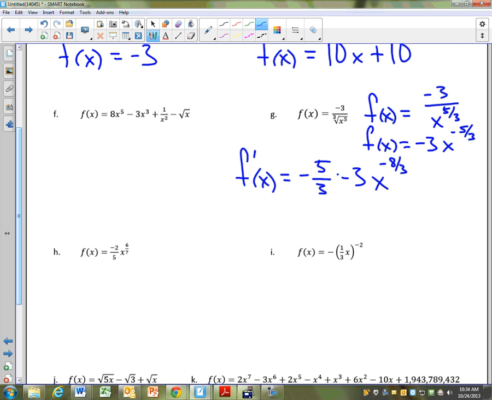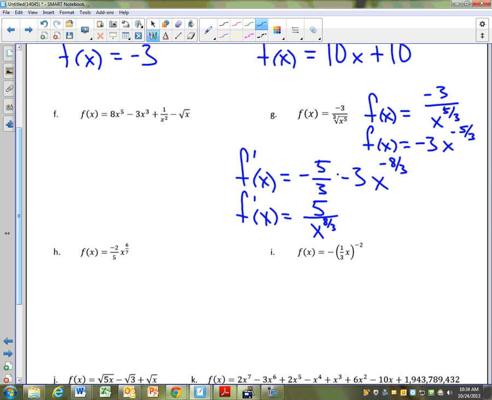What do you notice about the 3's? They cancel, so we have f prime of x is equal to, it's just going to be 5, right? You have 2 negatives, so we've got 5, and it'll be over x to the 8/3.